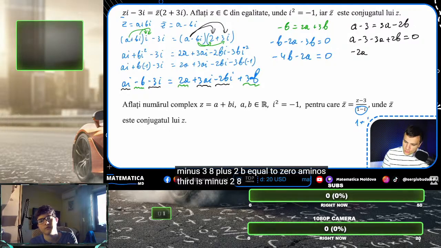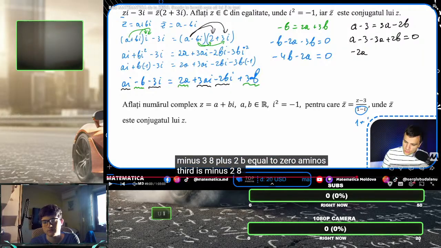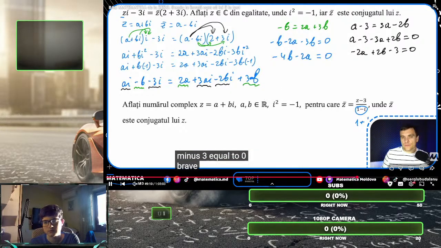Oh, so what he did, he just deleted the I. I guess that's possible, but am I really gonna remember that I can do this? Come on. So now we have minus 2a plus 2b minus 3 equal to 0. Amazing. And how does that help me?